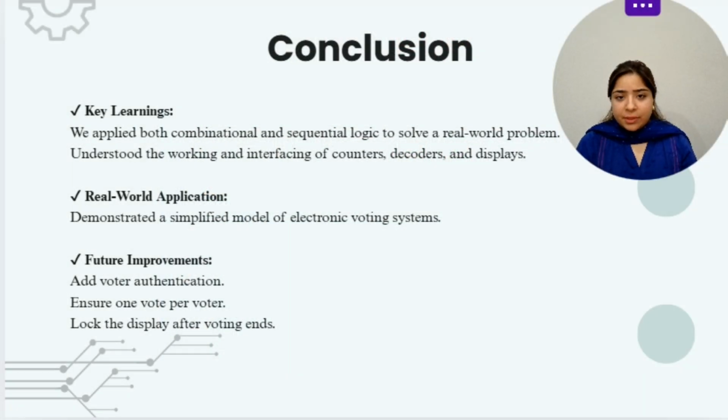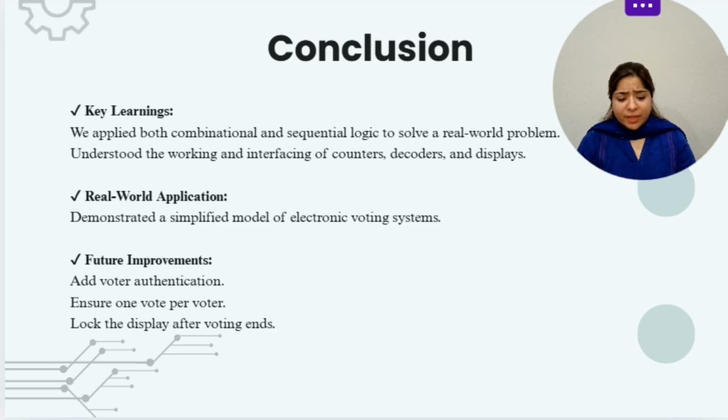This project allowed us to engage deeply with the practical side of digital logic design. Beyond just building a working circuit, we learned how to break down a system into functional blocks, troubleshoot issues at each stage, and think critically.